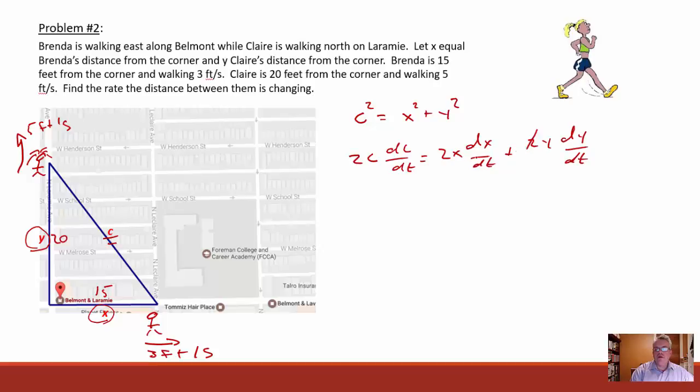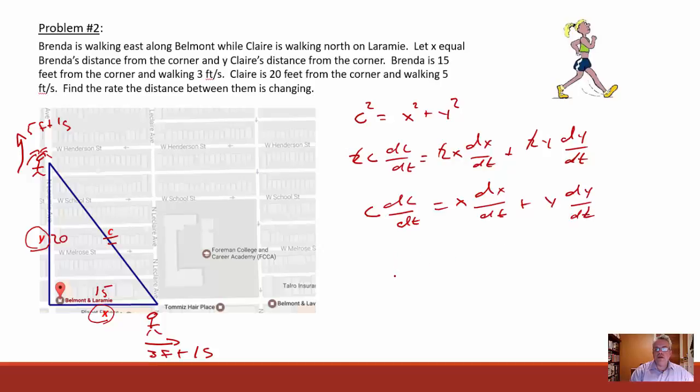In fact, we can get rid of all the 2's. We can divide everything by 2. We have c dc/dt, which is what we want to find, equals x dx/dt plus y dy/dt.